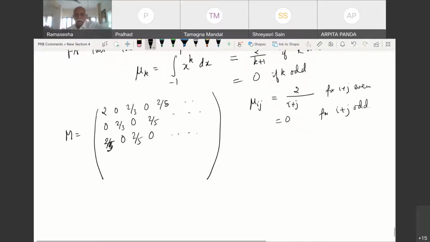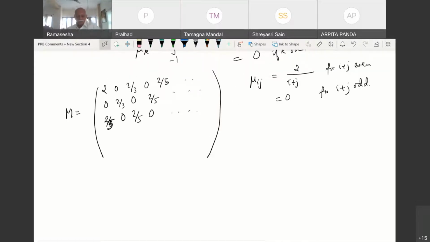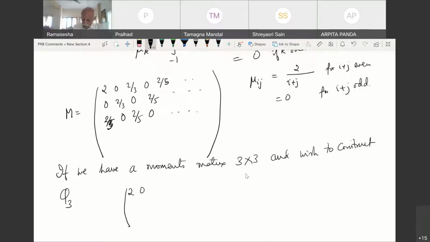So now let me just consider the following. If we have a matrix which is 3 by 3, and we construct, then what we have is the following: 2, 0, 2 by 3, 0, 2 by 3, 0, 2 by 5.